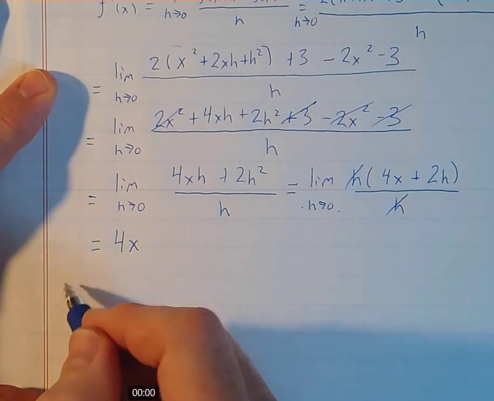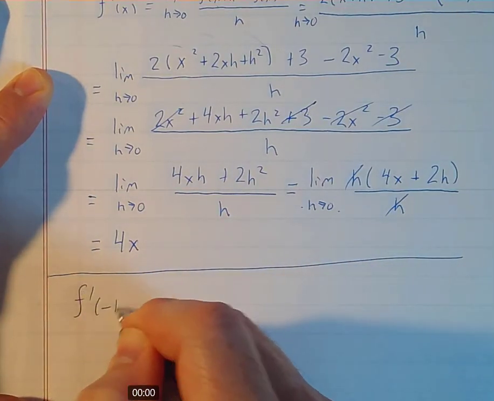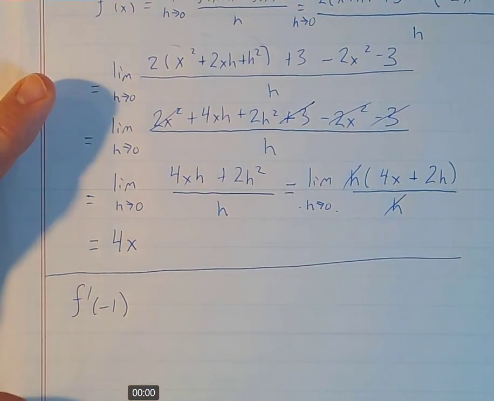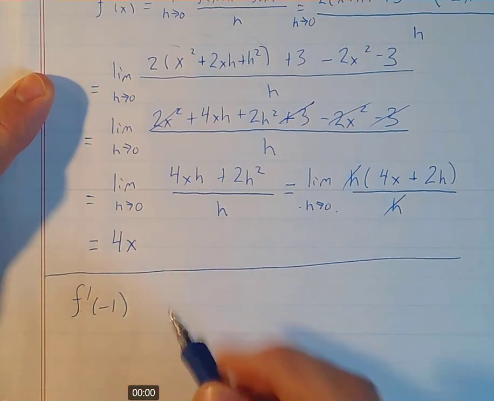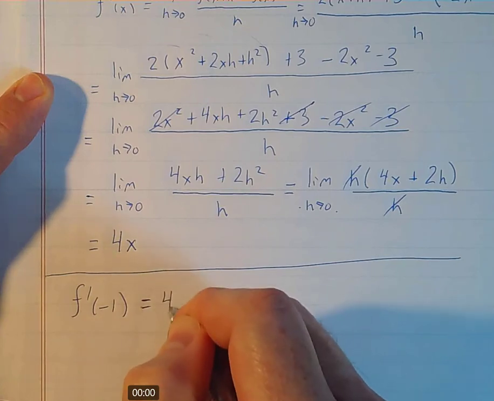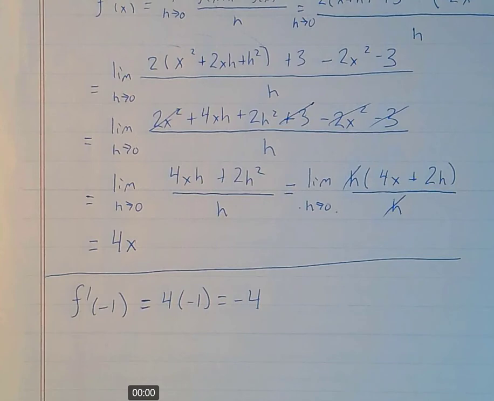So in particular, we were asked to evaluate f prime of negative 1. Well, f prime of negative 1, remember f prime is just 4x, so f prime of negative 1 is negative 4.